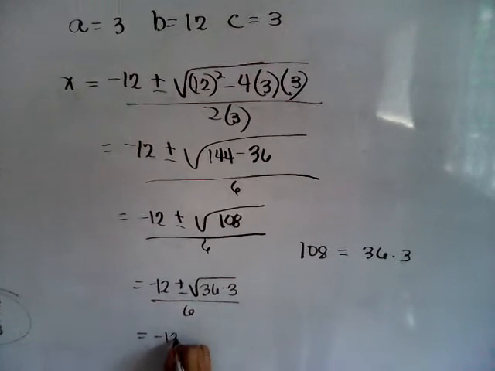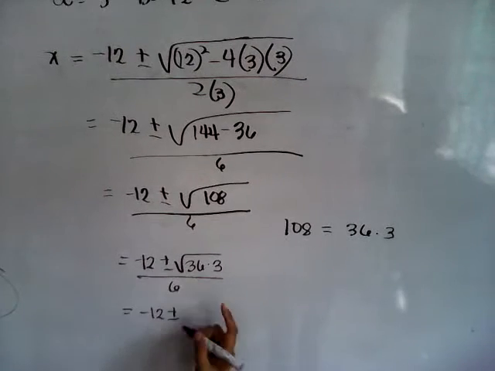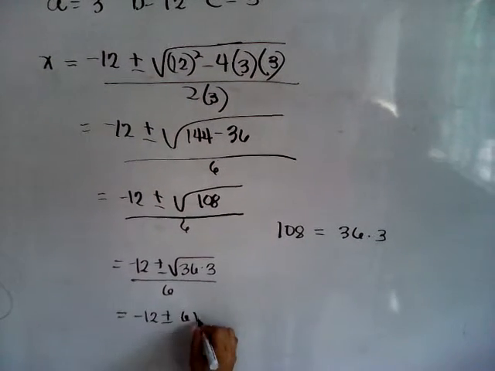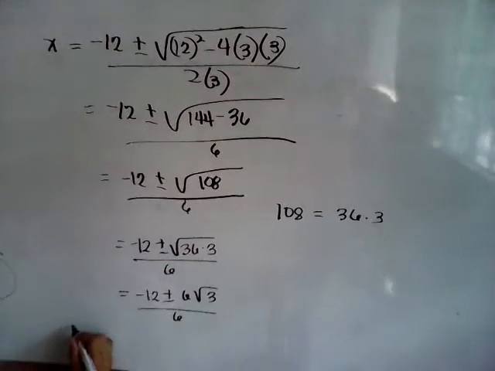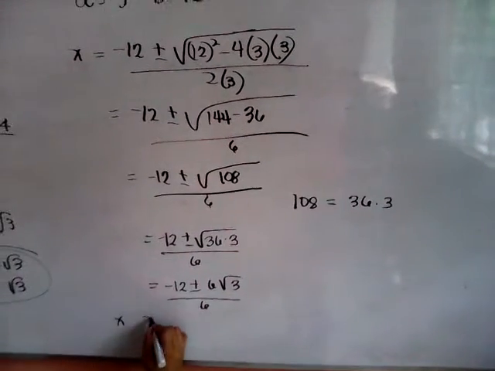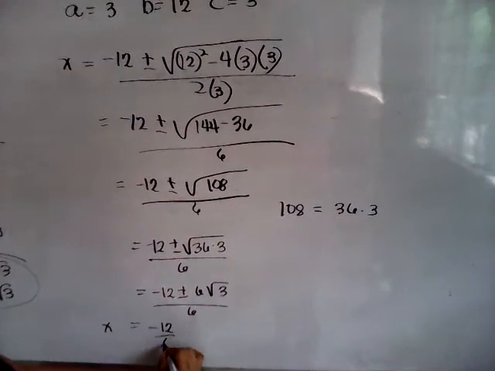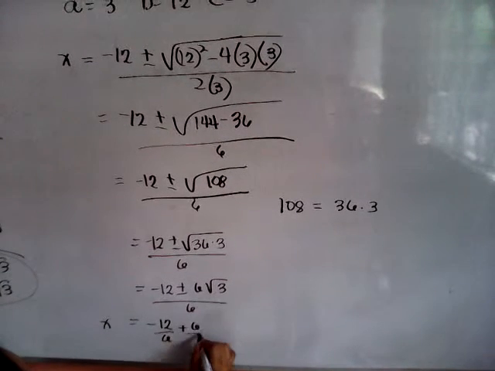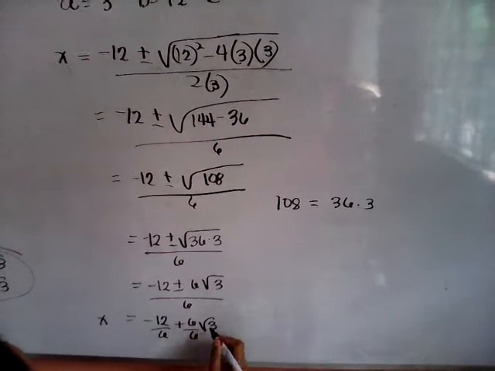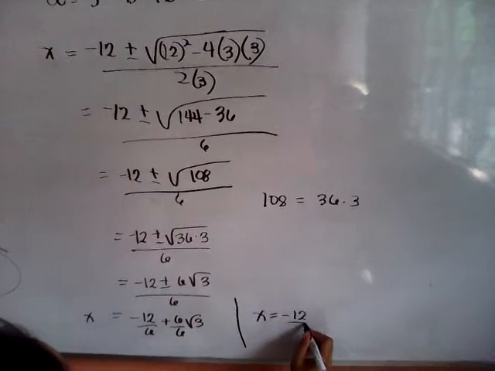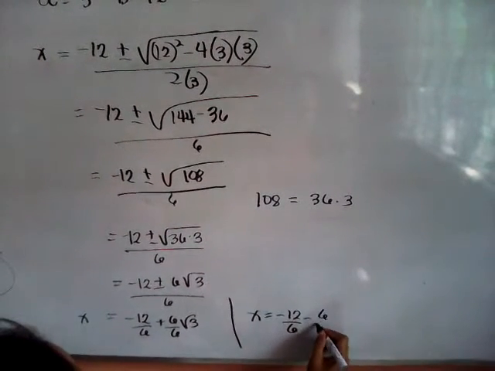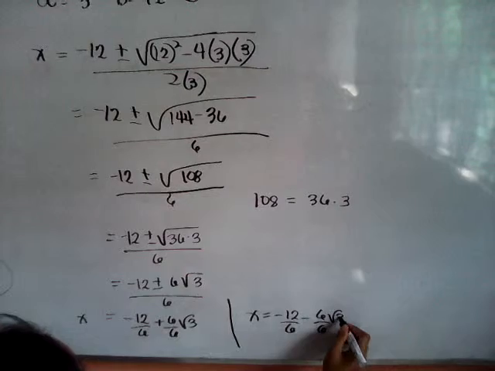Negative 12 plus or minus the square root of 36 is 6, times the square root of 3, over 6. We have two answers for x: negative 12 over 6 plus 6 over 6 times the square root of 3, and the other one is x equals negative 12 over 6 minus 6 over 6 times the square root of 3.